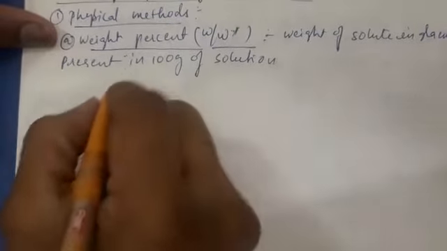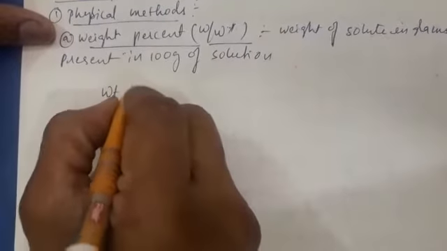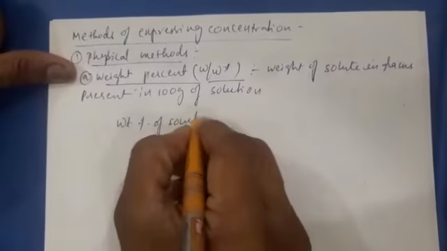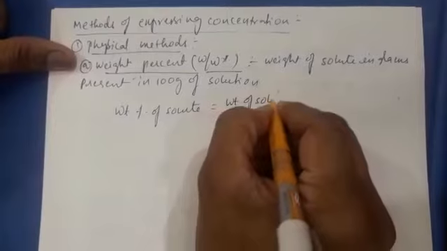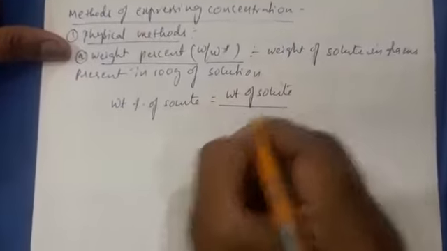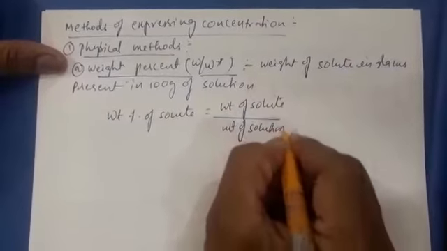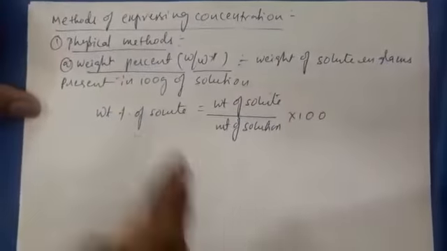So weight percent of solute is equal to weight of solute by weight of solution into 100. So this is one of the physical methods.